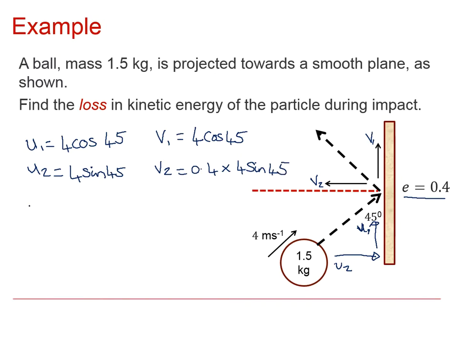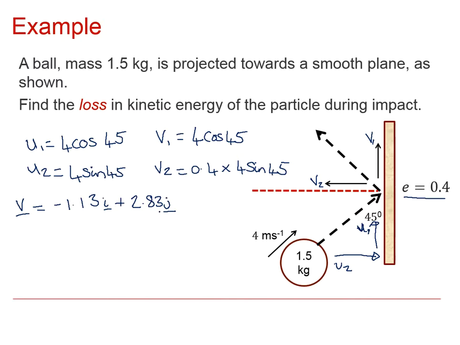Now, when you're doing your calculations, it's absolutely fine to keep everything in surd form while you're calculating, but generally in mechanics we give answers as rounded decimals, usually to 3 significant figures. So, if we complete these calculations, we find that the velocity after the impact is minus 1.13i plus 2.83j.